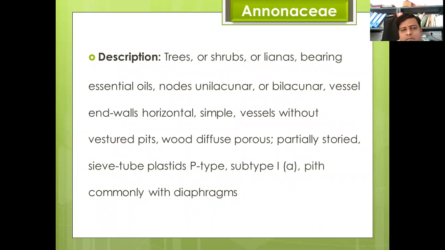The Annonaceae members may be trees or shrubs or lianas. They bear essential oils, nodes unilacunar or bilacunar, vessels with horizontal end walls, simple, without vestured pits, wood diffuse porous, partially storage, sieve tubes plastid P-type, subtype A, pitted commonly with diaphragms.